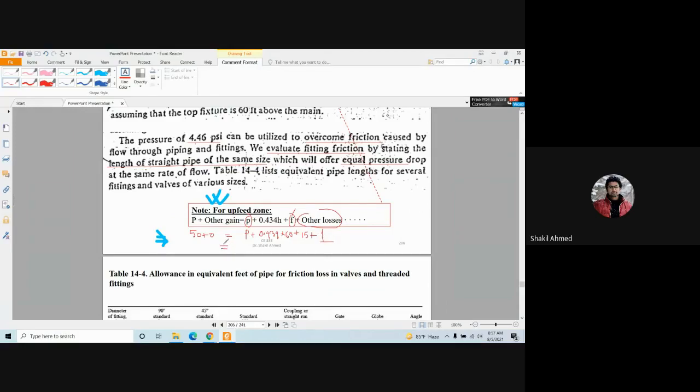So from this equation, you can calculate small p and tell me the value, please.